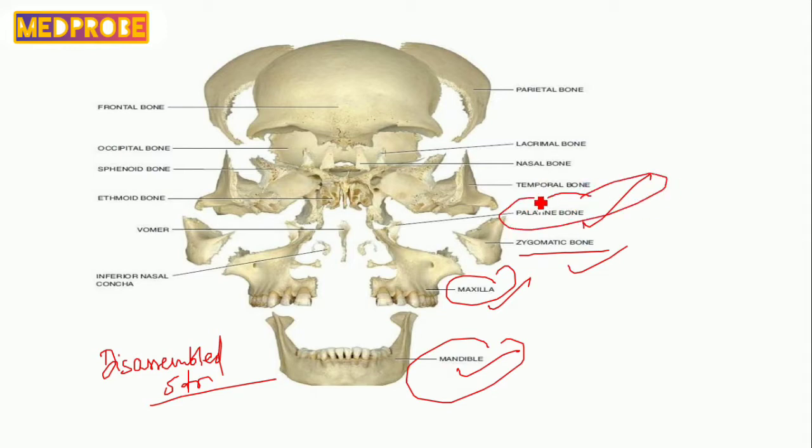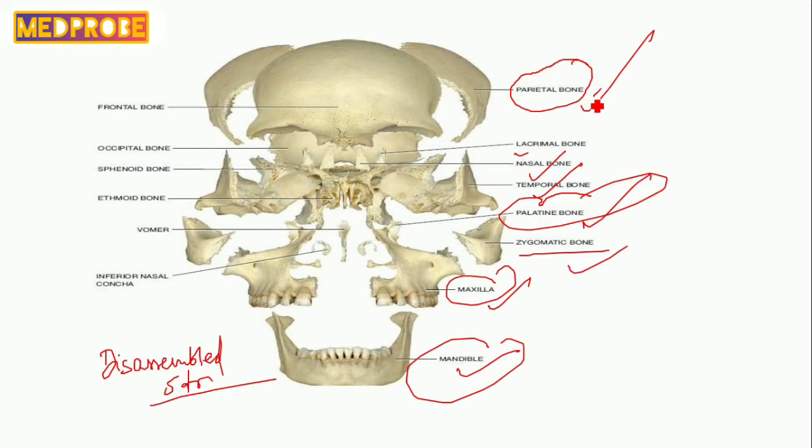Temporal bone, nasal bone, lacrimal bone. And the most important, the largest part of the cranial bones, which is the parietal bone. Parietal bone comprises the largest portion of the cranial region.